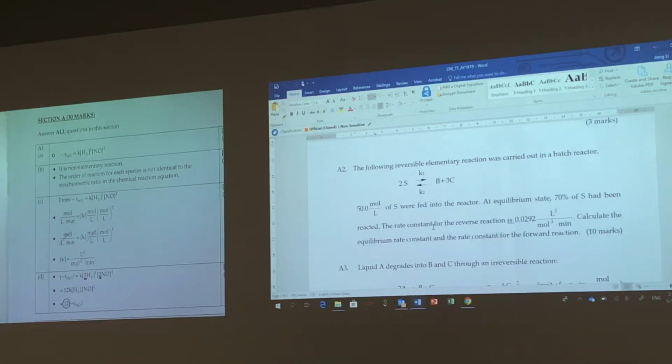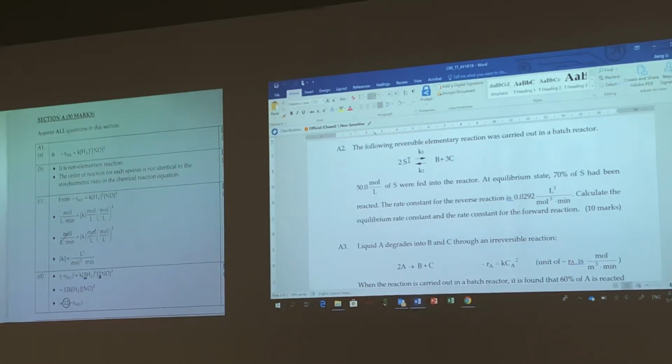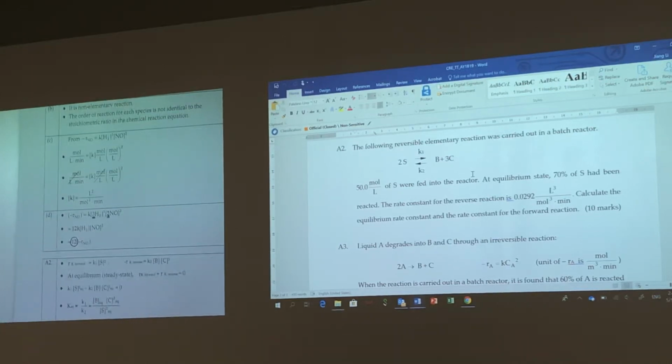Question 2 is regarding the equilibrium constant, right? See here, you only have one reactant for the forward reaction, but for the reverse reaction you have 2. So how do you write forward and reverse? At least you should be able to write here, for the forward reaction it is k1 times the concentration of S squared.